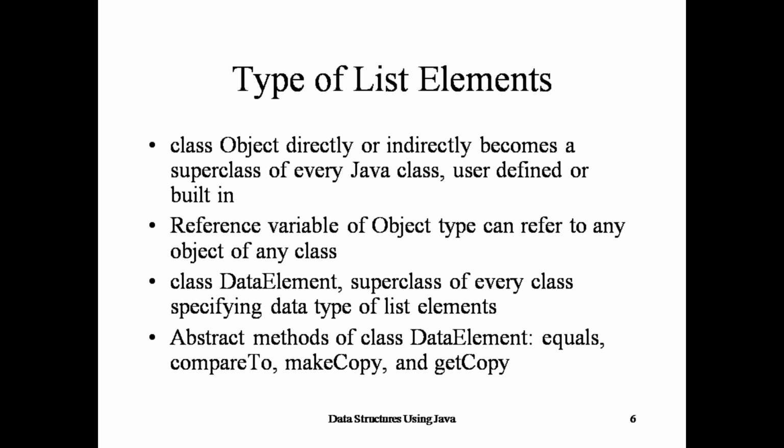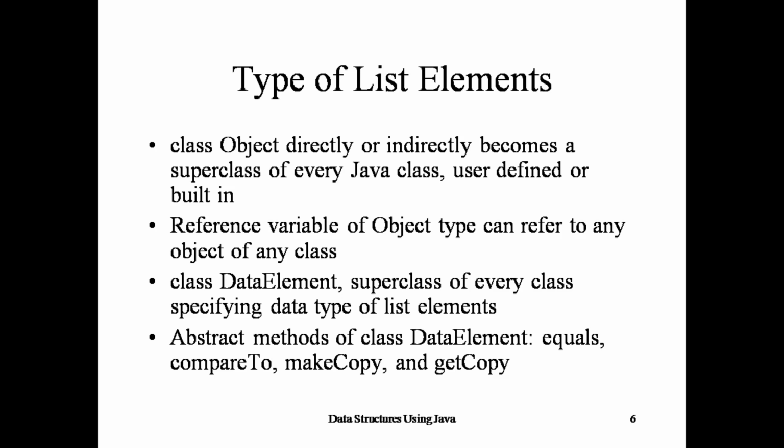In order to use the list to store and manipulate data, the user can organize the list in the form of a Java class and, among other things, provide the basic operations on the data, such as comparing two data elements, copying data of one object into another object, and so on.